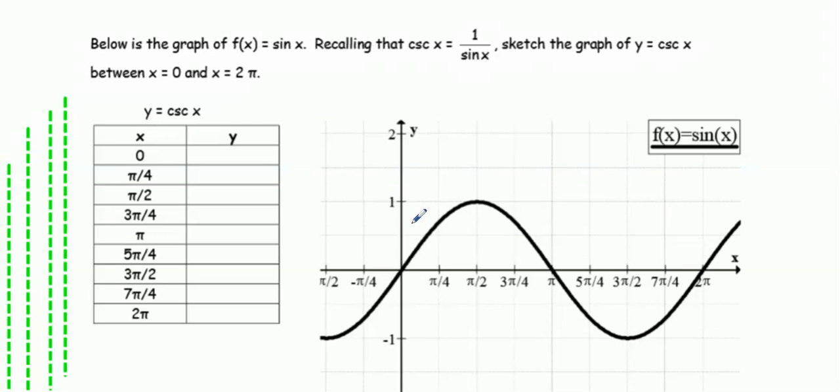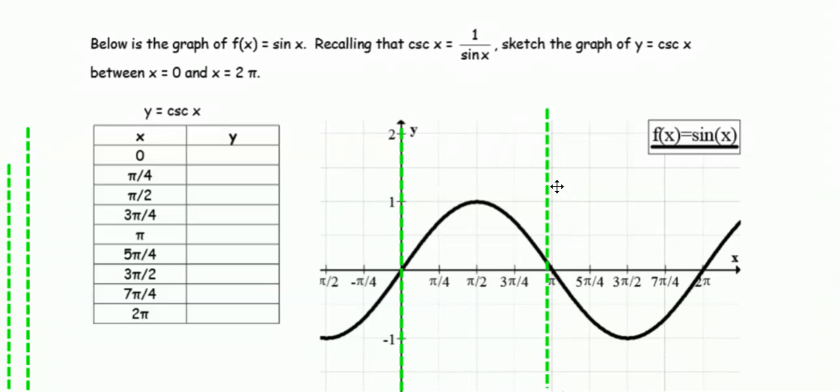And so we're going to remember how to graph a reciprocal from an original function. The first thing we know is that if the original crosses the x-axis, we have asymptotes on our reciprocal. So we're going to bring in those asymptotes. There's 1, there's 2.